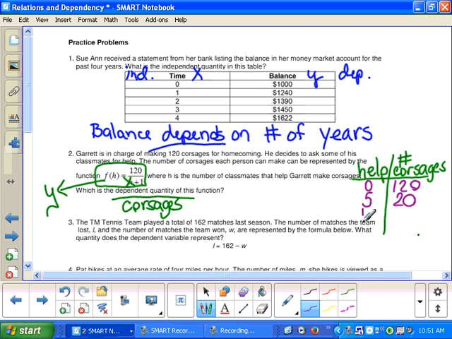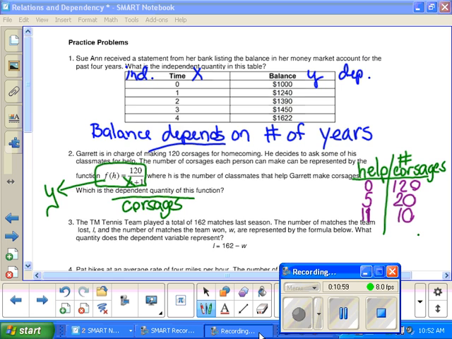If he gets 11 people to help him, which makes 12, 12 goes into 120, 10 times, so they only each have to make 10. So the more people that help, the fewer each person has to make. So the number that each has to make depends on how many people are helping. So we're going to look at some of the rest of these and determine what is our independent and our dependent.